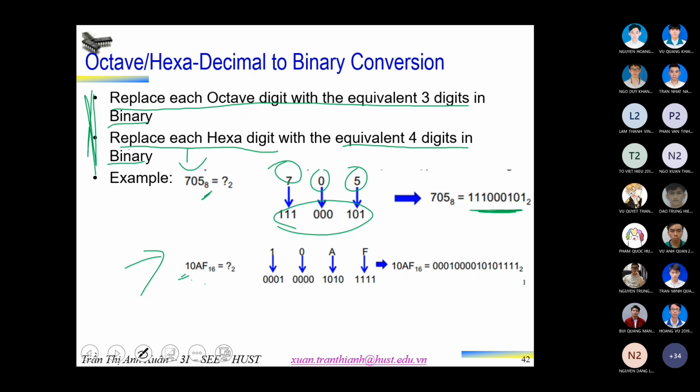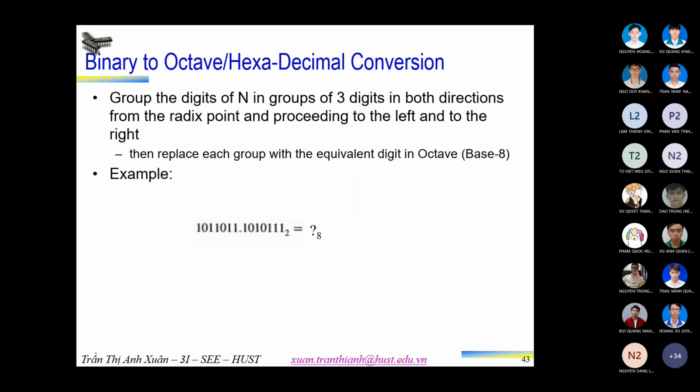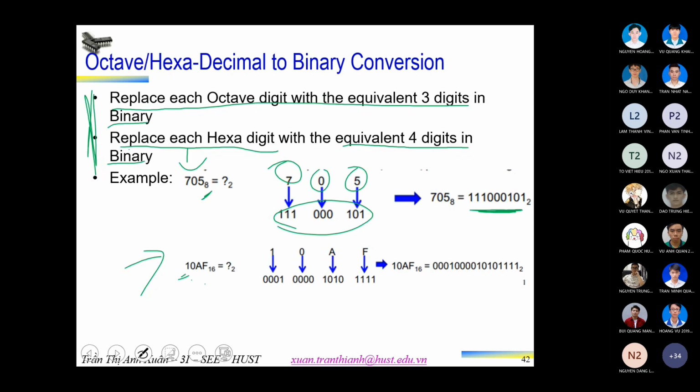What is the binary conversion? We convert each hexa digit to the equivalent 4 digits in binary. So the F character in hexa is equal to 1111 in binary.